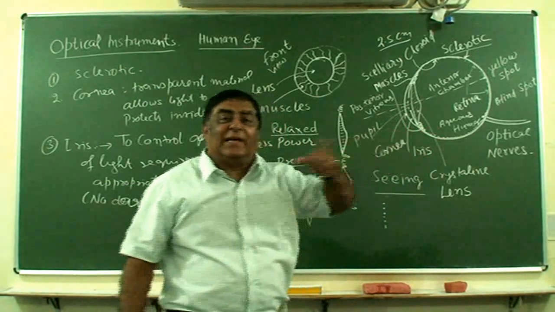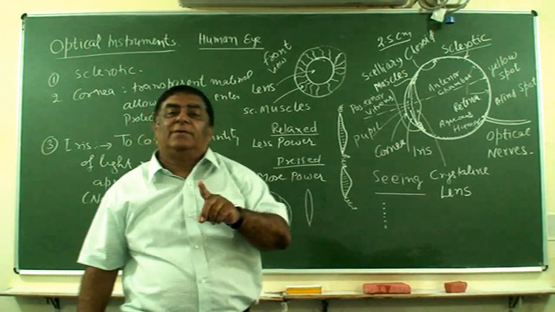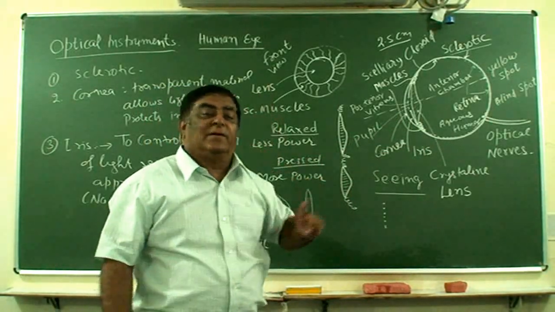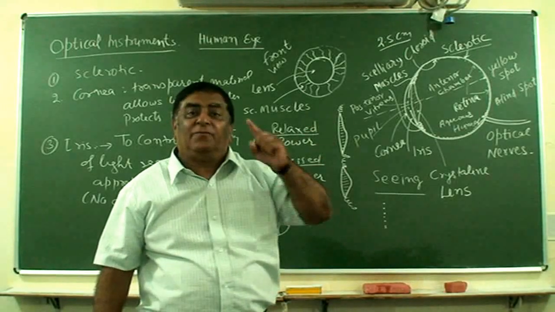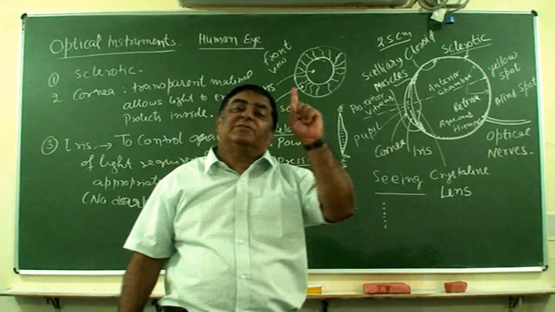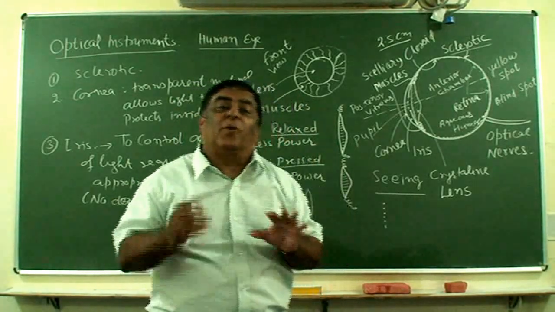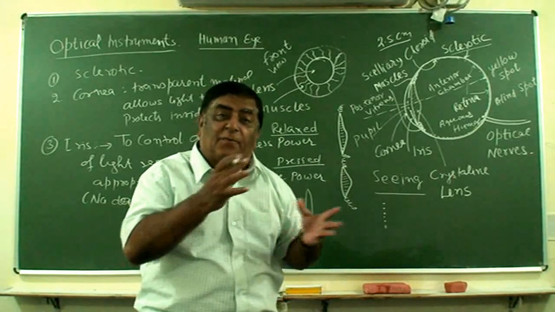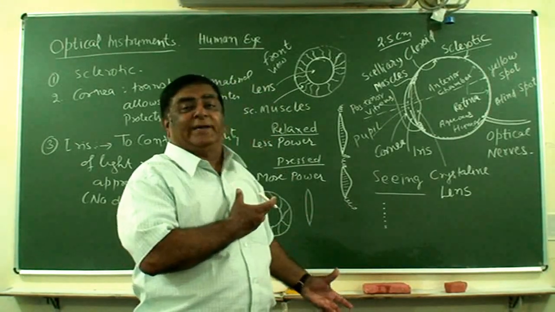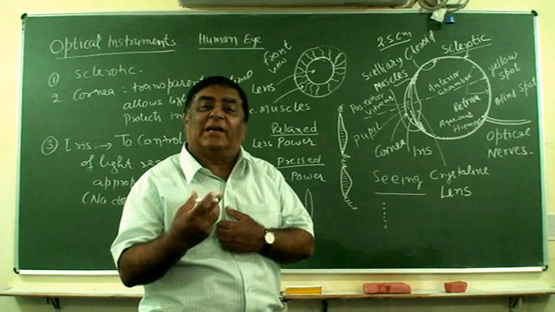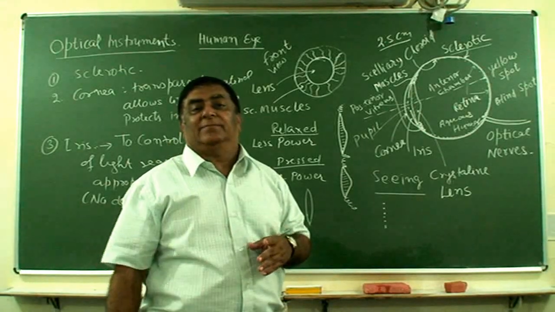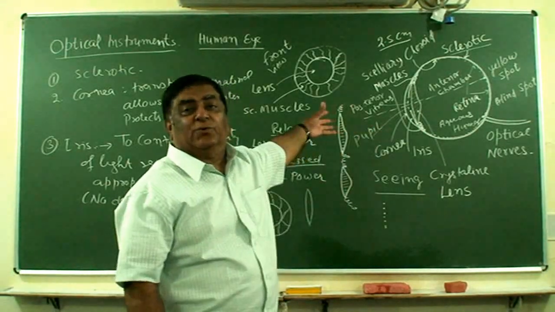So we say the image is formed in the brain, and we sense that image. From where do we see? Do we see from the brain or from the eye? The answer is basically that we see from the brain. Then what does the eye do?